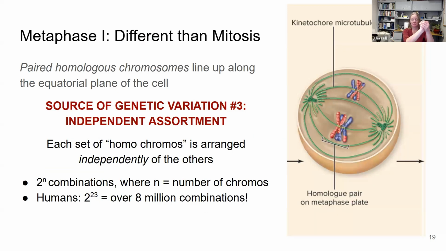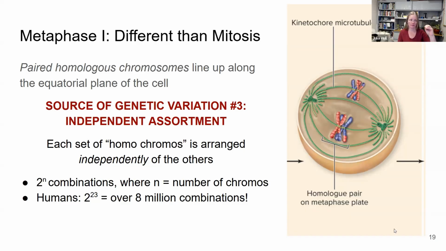All right, so that was prophase one. In metaphase one, we're still lining stuff up along the equatorial plane, but instead of lining up each of the chromosomes so that our sister chromatids can separate, we're actually lining up pairs of homologous chromosomes. So when we separate, we're going to be separating those homologous chromosomes, okay?